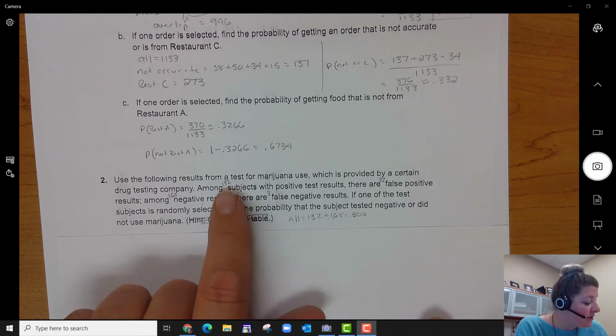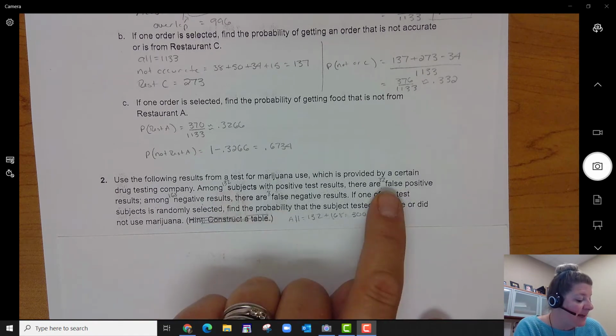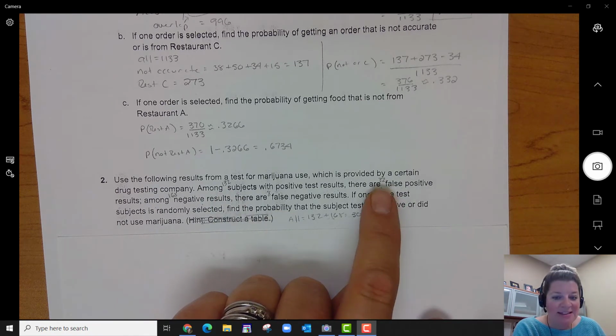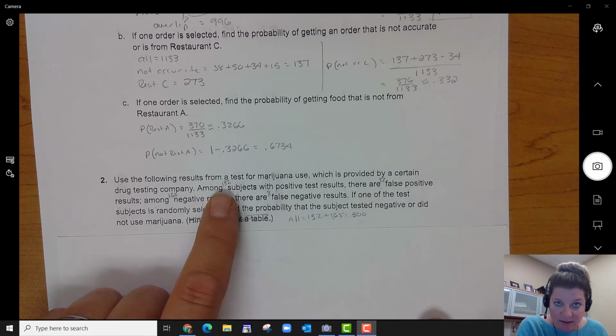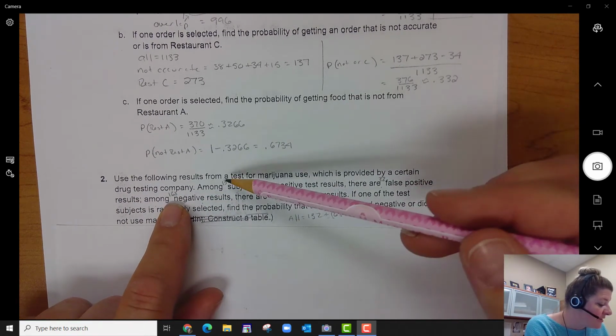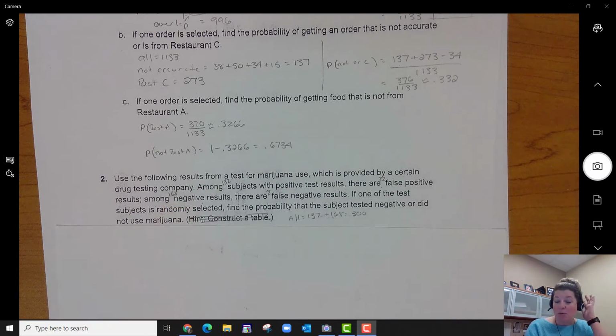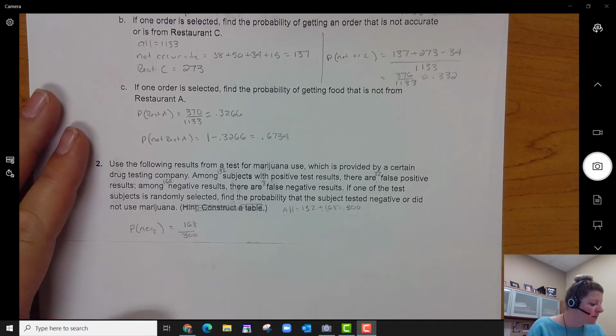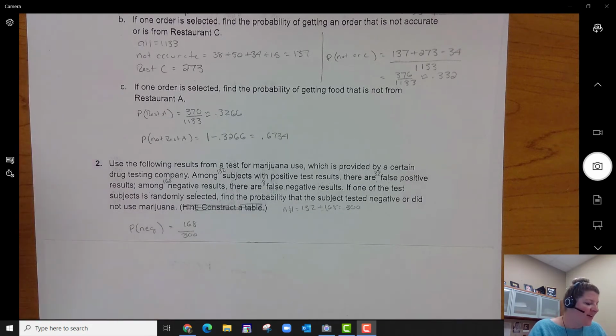Well, we said here there's 132 with this many have false positive. So this number is already included in here. Same here. So if I add 132 and 168, I'm going to get how many people were in my study. That's kind of tricky, I know. How many people tested negative?